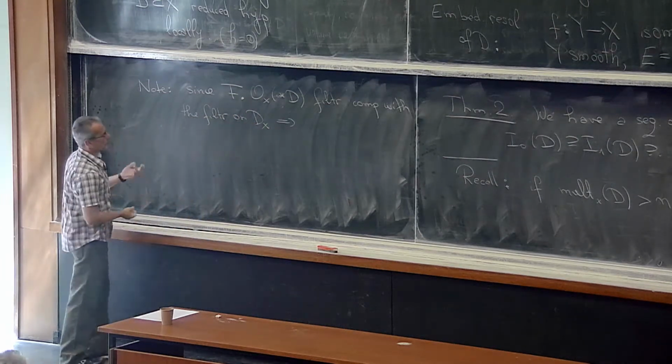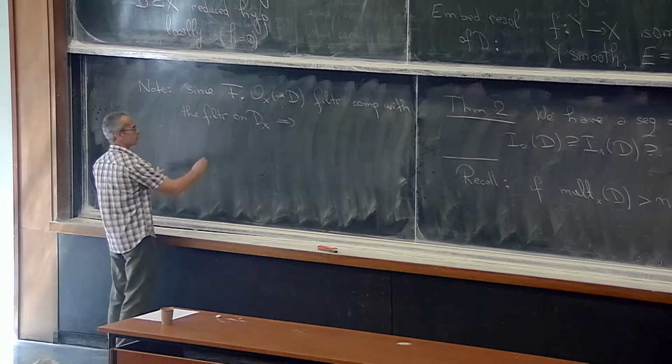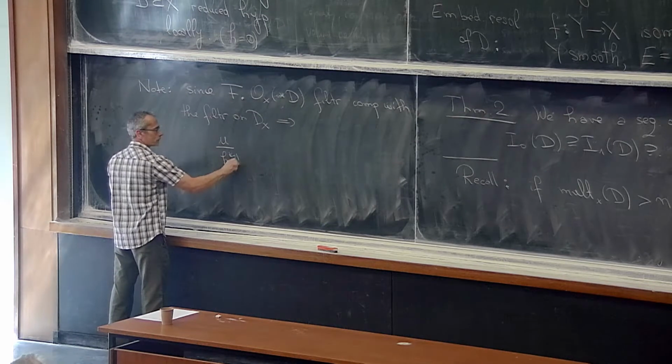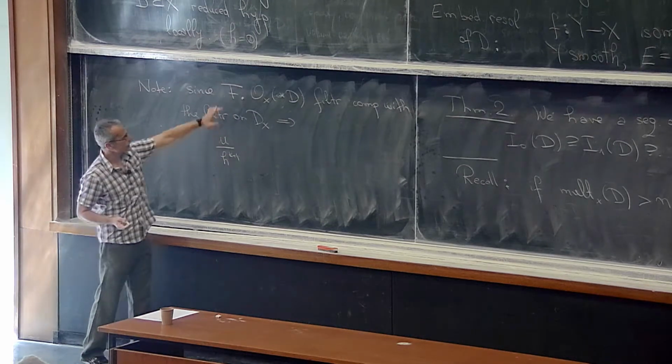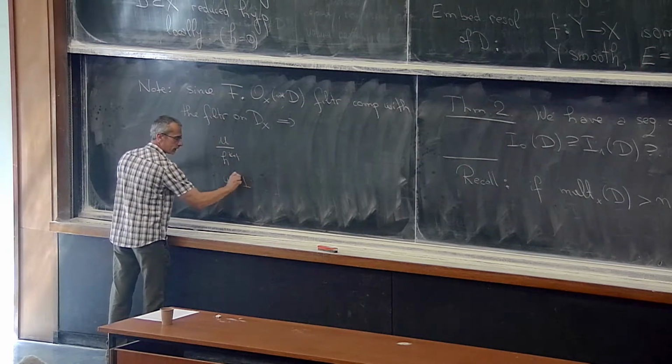So if I look at an object at the k-th level, it looks like, let's say, u over h to the k plus 1. This is how an element in F_k looks like, where u is an element in the k-th Hodge ideal.